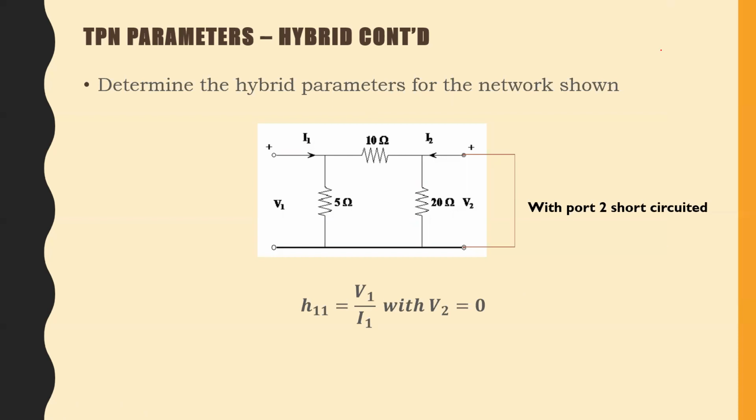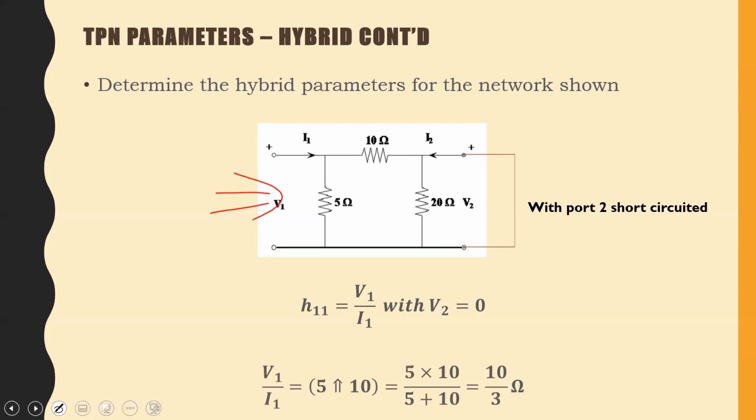So if I'm looking into port 1, what would be the impedance? 5 is in parallel with 10, to give us 50 over 15 or 10 over 3 ohms.